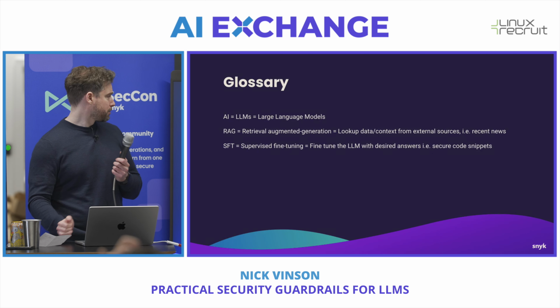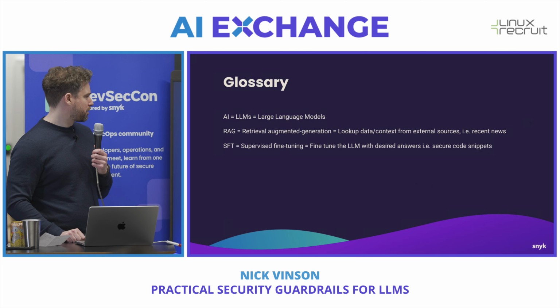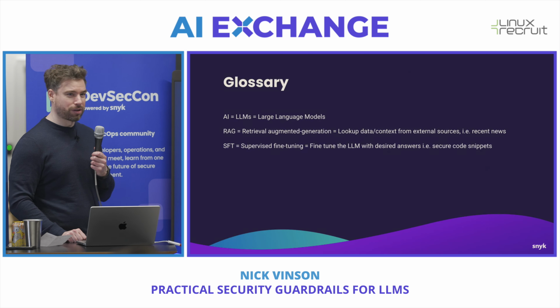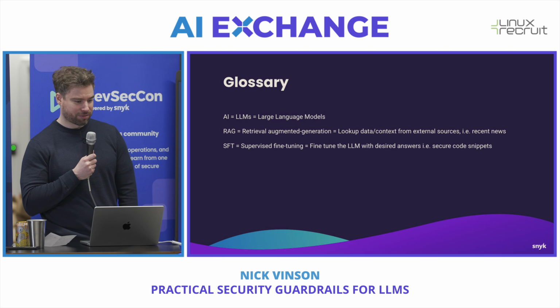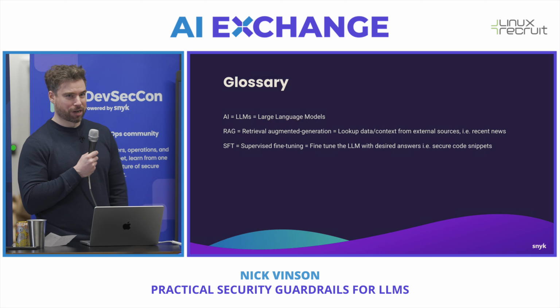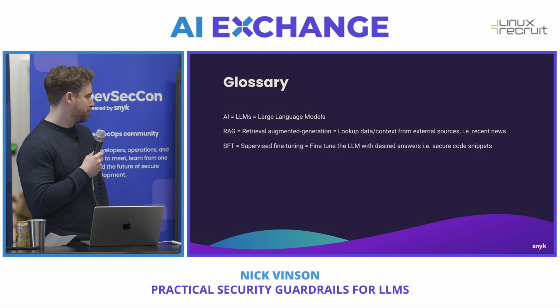First up, glossary. And apologies, I don't know if anyone's struggling to see the text. Didn't bear in mind the potential screen size. But when I refer to AI, what I mean is LLMs. There are other areas of AI, but that's what we're going to be talking about in the context of LLMs.